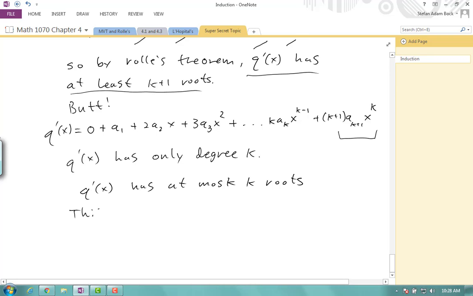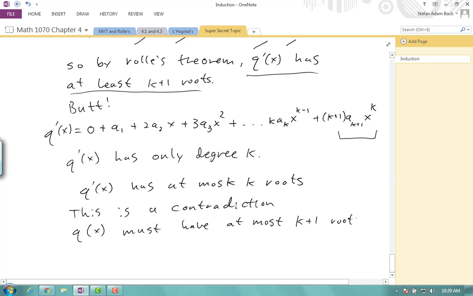This is a contradiction again. Which means q of x must have at most k plus 1 roots. And that proves the fundamental theorem of algebra for us using Rolle's theorem.